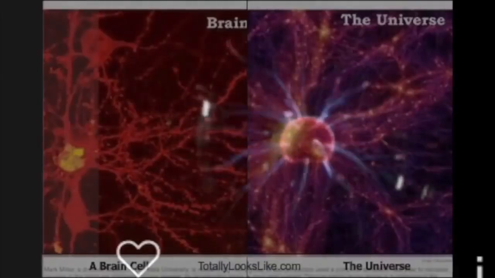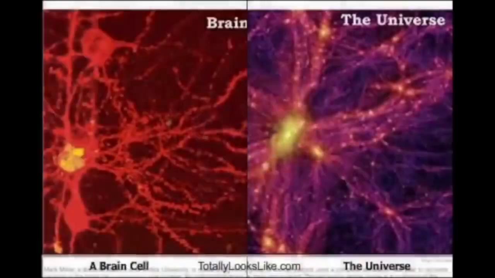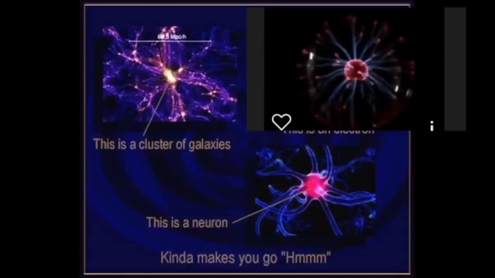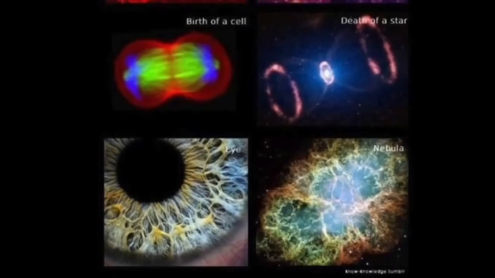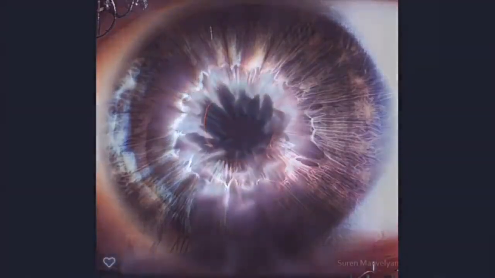Just as in our neuroanatomy we have the web woven of neural connections, just as in the universe we have the web of neural connections within the mind of the universe.